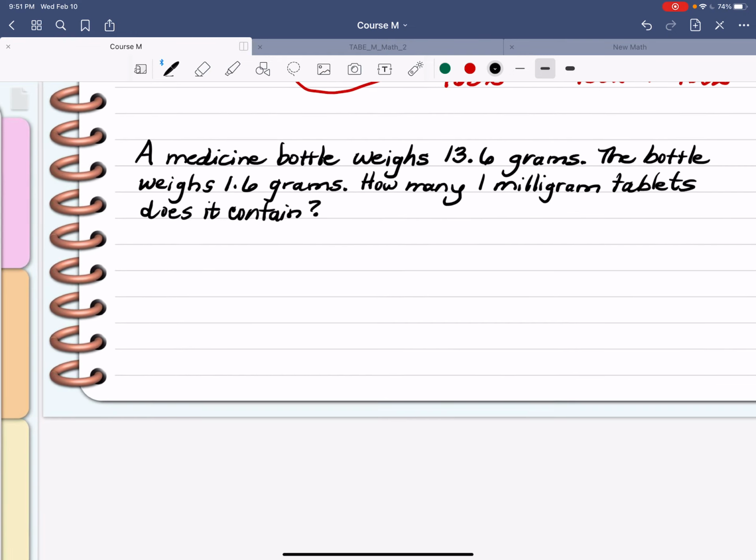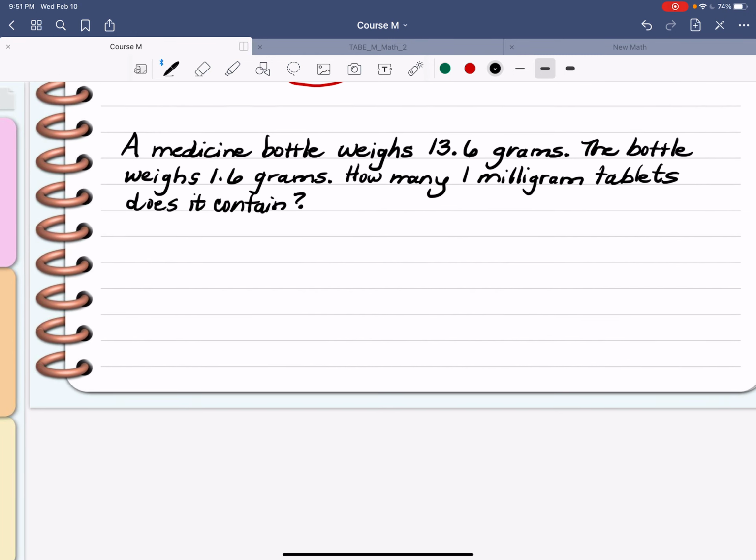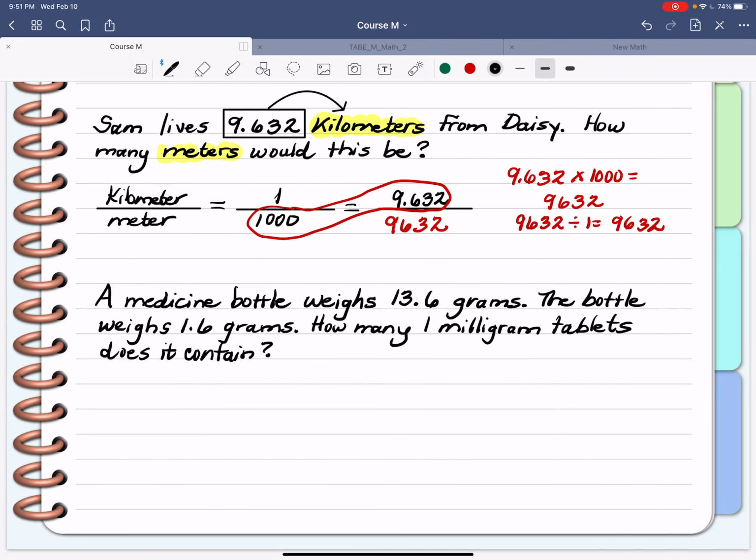So let's think about what this is saying to me. Before I even start setting it up, let's think about it. Here's this bottle. Let me just draw a box. So here's a medicine bottle. And in the medicine bottle, there are some tablets. And they're identical tablets. So let me make sure I get them to be identical.